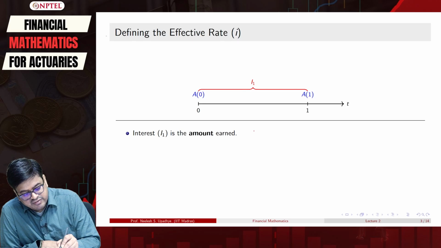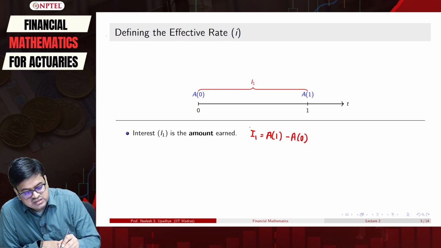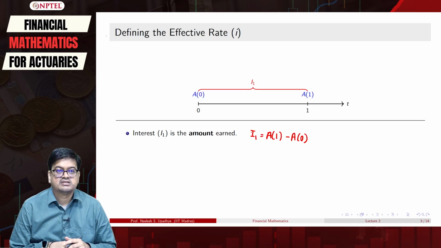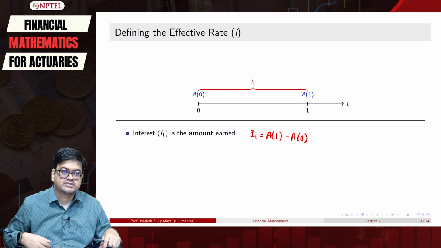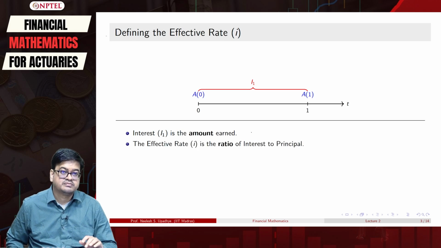I1 will essentially be A1 minus A0, right? So this is the interest that is accumulated in one time period. This is not an interest rate. This is the accumulated amount or the interest that you have earned.